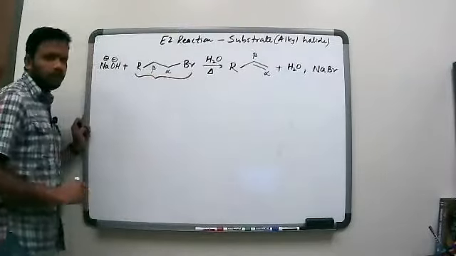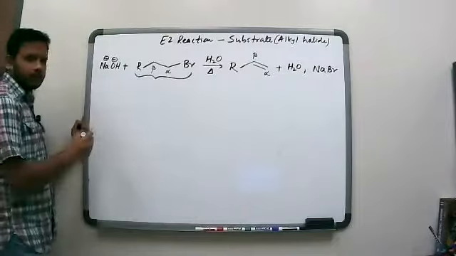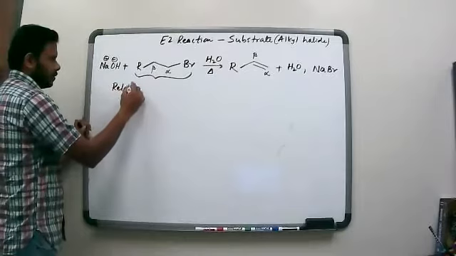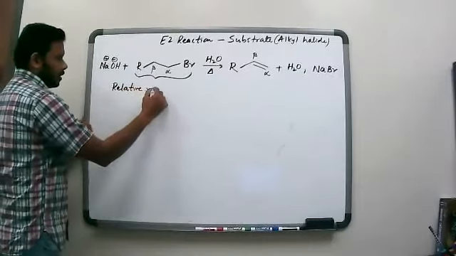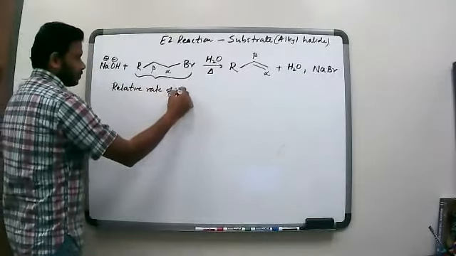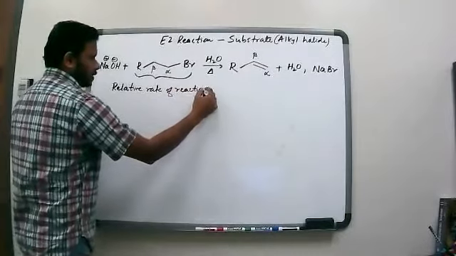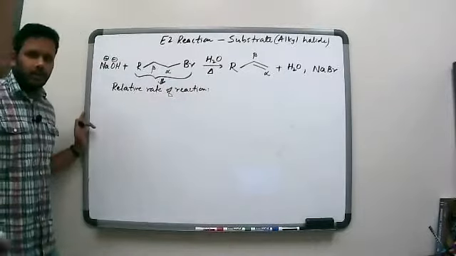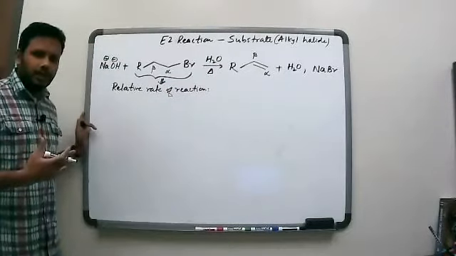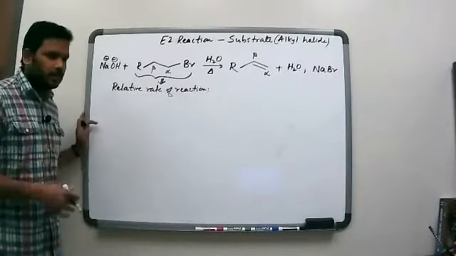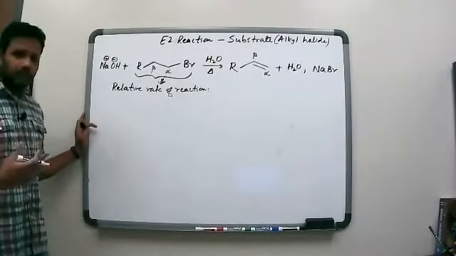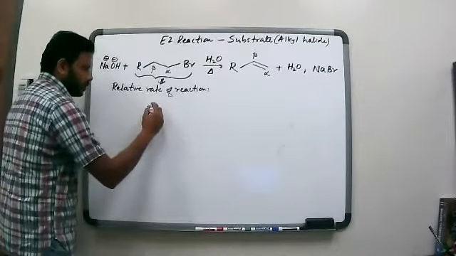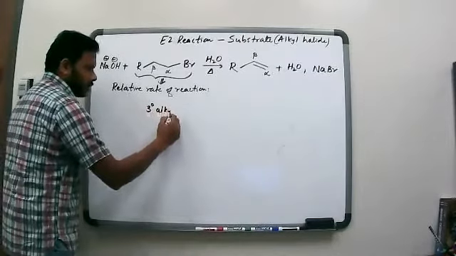What do we know about the substrate? It turns out in an E2 reaction, we look at the relative rate of reaction with respect to the substrate. That means which substrate reacts the fastest. So the relative rate here goes in this order: tertiary alkyl halides.